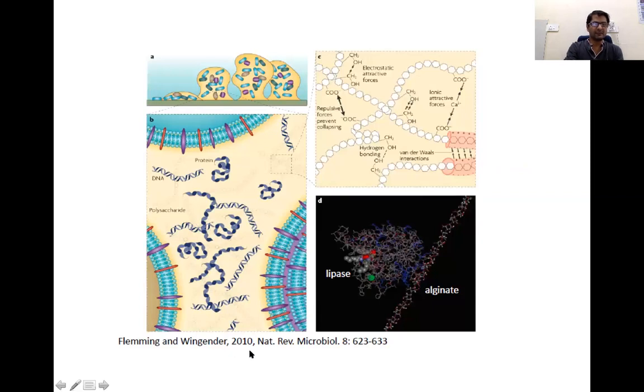This is a diagram from the same article, showing different microbial biofilms, their formation, their constituents, and how EPS is connected as a structural element for the biofilm. And then this is the alginate, which I told you about in the Pseudomonas aeruginosa biofilm, and then the lipases which are required. These are models, and this is an electron micrograph from the same paper.